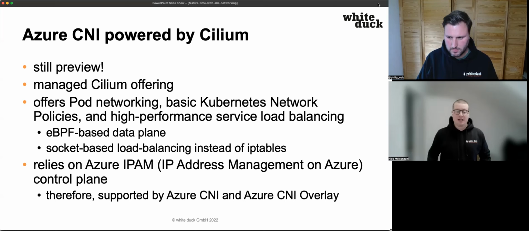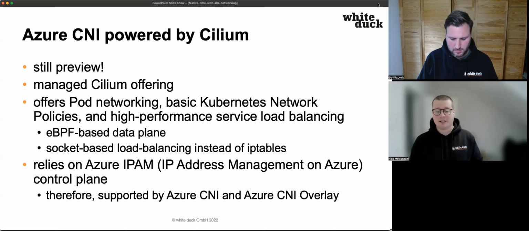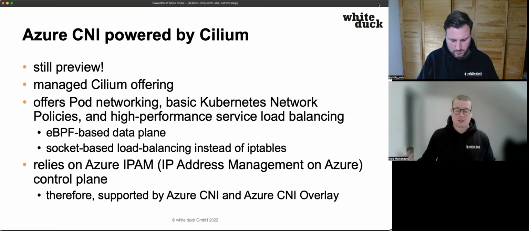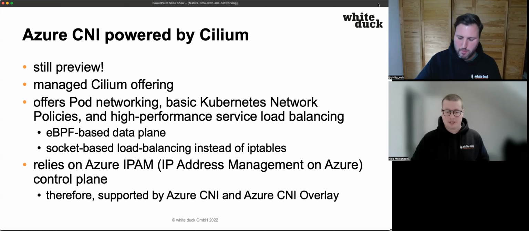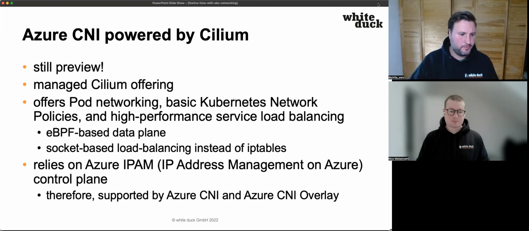Because of that, the Azure CNI powered by Cilium is supported by Azure CNI and also the new Azure CNI overlay option Phil just mentioned. So we're really flexible with both of them, you're just not able to use Kubenet with the Azure CNI powered by Cilium here.